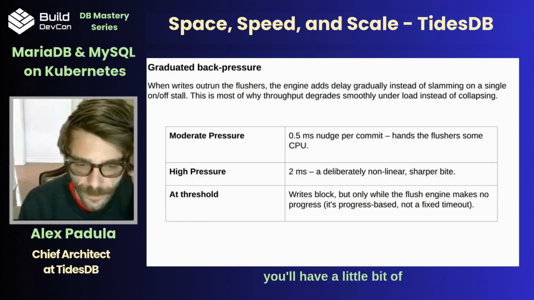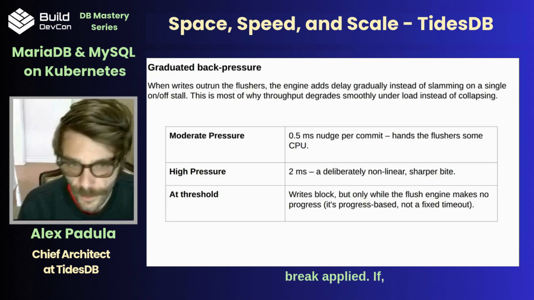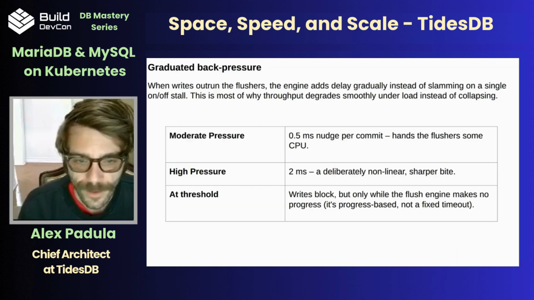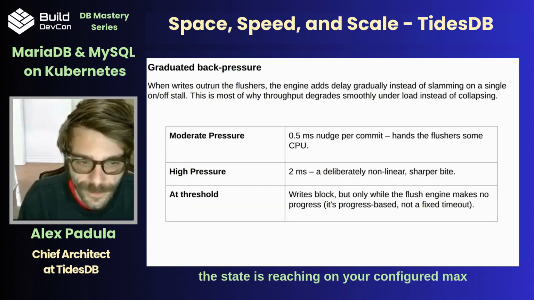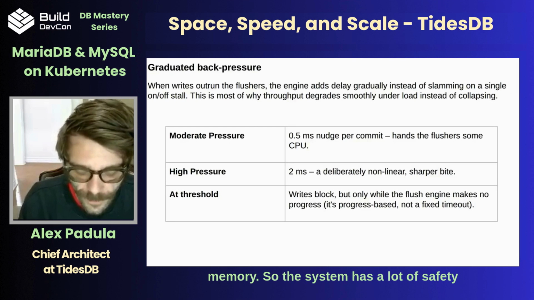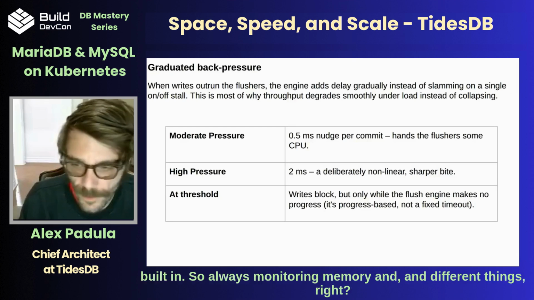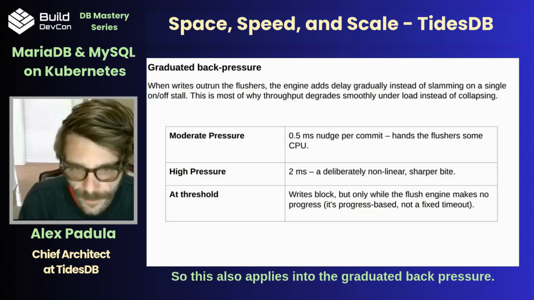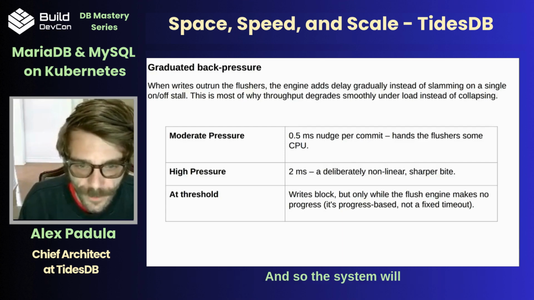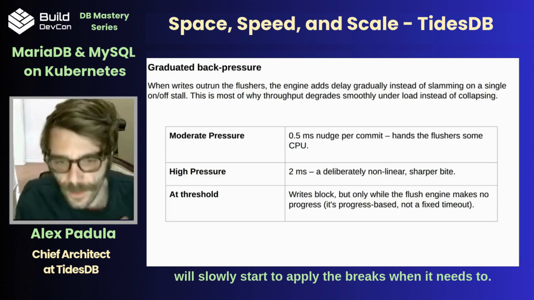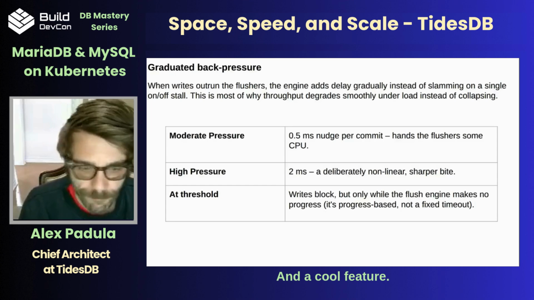So on each commit, you'll have a little bit of a brake applied if the system needs to catch up on flushes or compaction, or let's say the system state is reaching your configured max memory. So the system has a lot of safety built in, always monitoring memory and different things, right? So this also applies to the graduated back pressure, and so yeah, the system will slowly start to apply the brakes when it needs to, and cool feature.